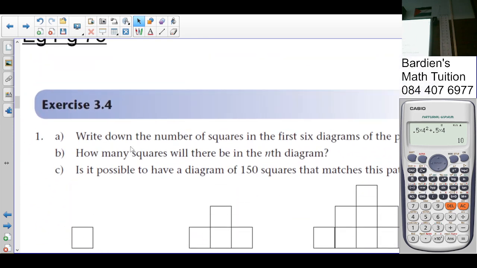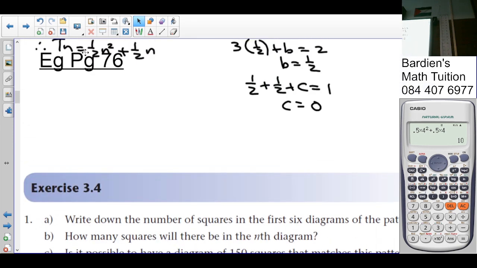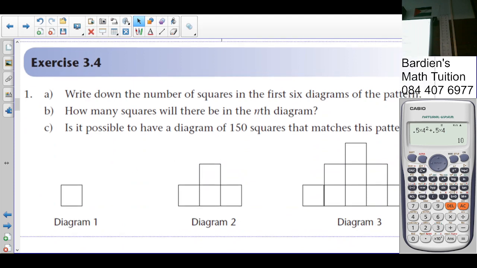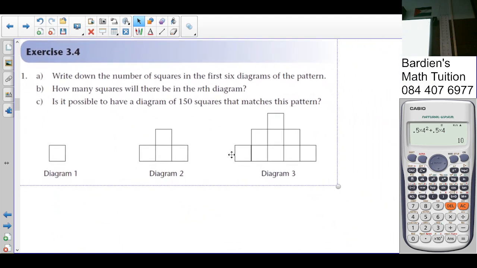Let's look at exercise 3.4. Exercise 3.4 is on page 77.